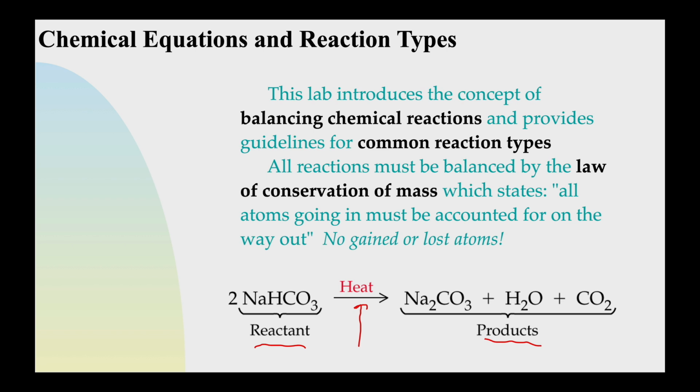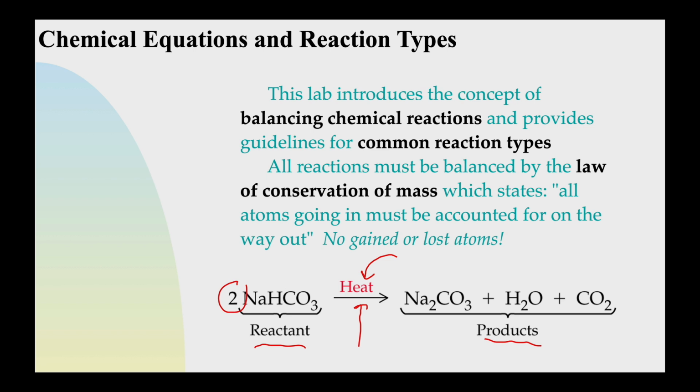Sometimes over the arrow you'll see things like heat, or other things. Those are just little pieces you will need along the way to make this happen. We're not going to focus on that so much; we're more interested in the reactants and products. Notice this big 2 right here. That's called a stoichiometric factor, and it's really important because atoms going in must equal atoms going out.